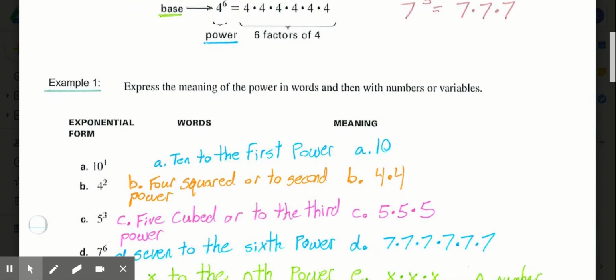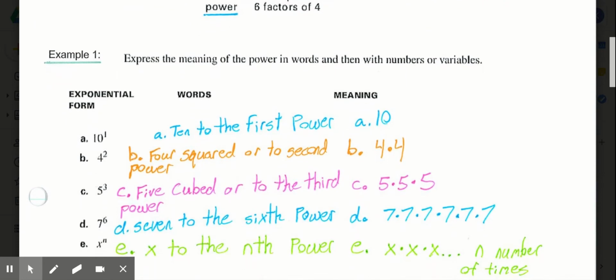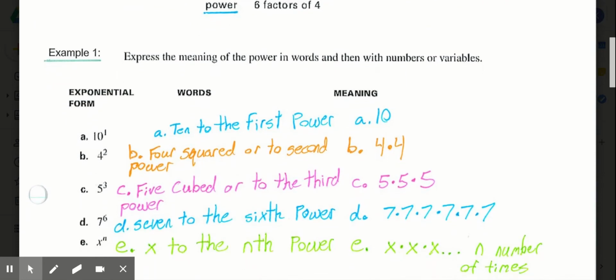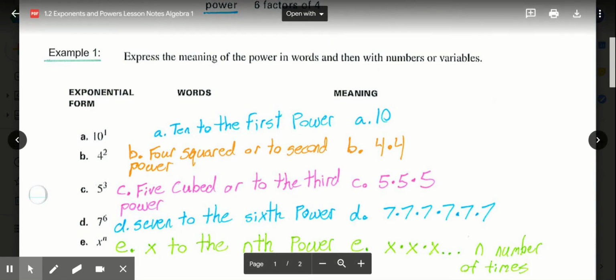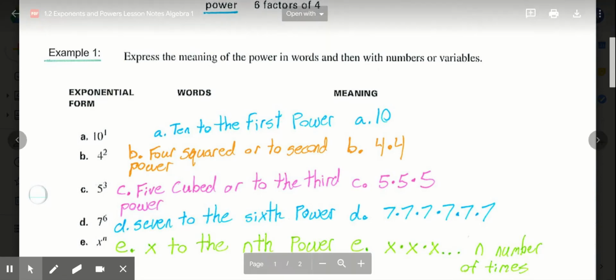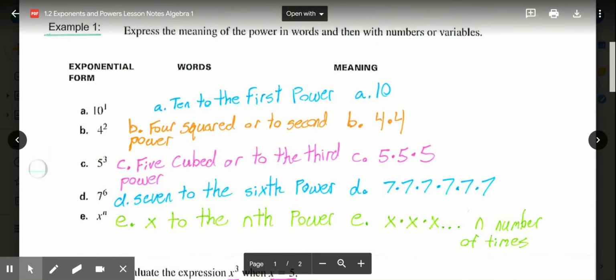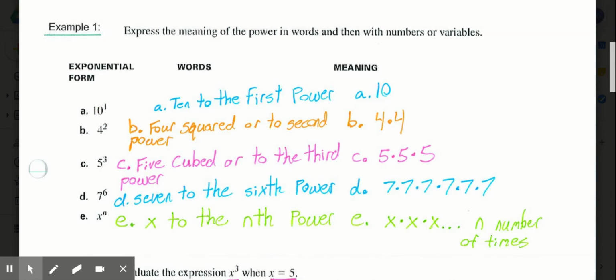So, example 1 is just expressing the meaning of the powers in words and then with numbers or variables. So we're looking at A through E here. They give us the exponential form. So they're giving us the expression. First, they want us in the first column to write what that means in words.